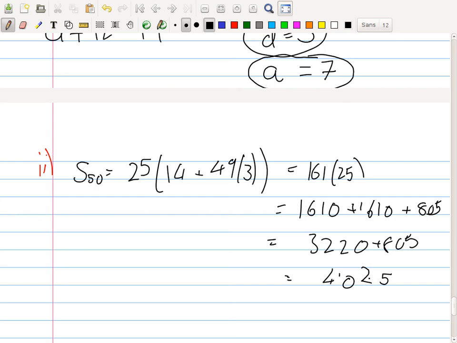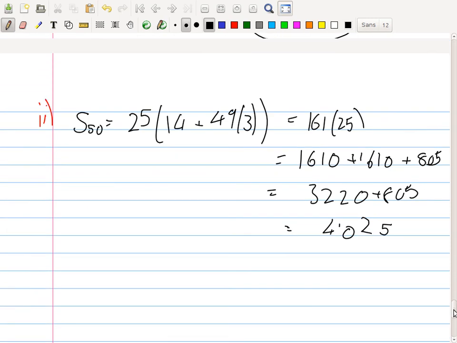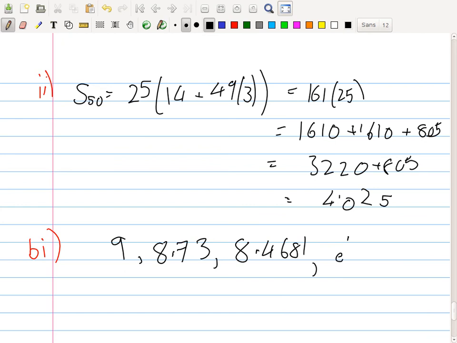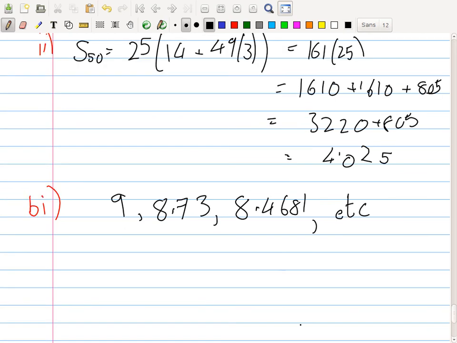Okay. So that is part A2 done. Now time for B part 1. It takes a gardener 9 minutes to plant seeds, and then he increases his time. So basically it takes him 9 minutes to do the first one, and then 8.73 to do the next one, and 8.4681 for the next one, etc. So what type of sequence is this?